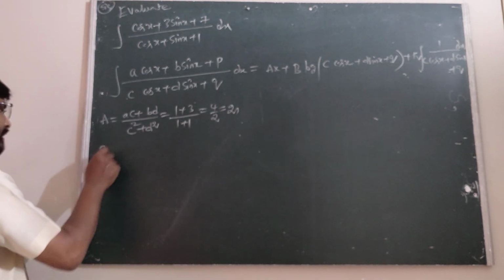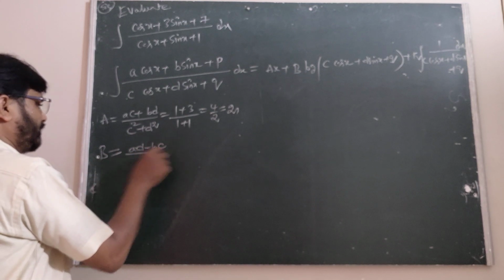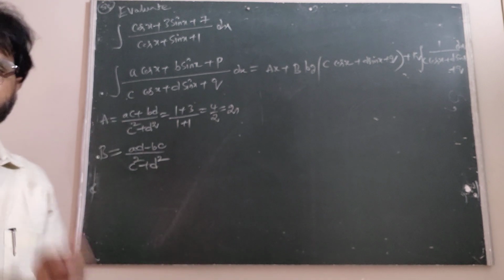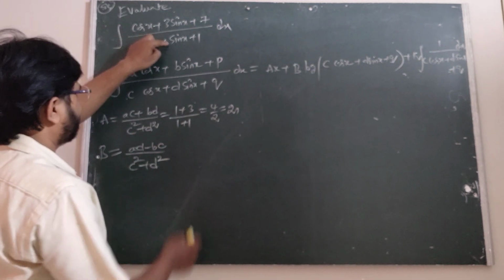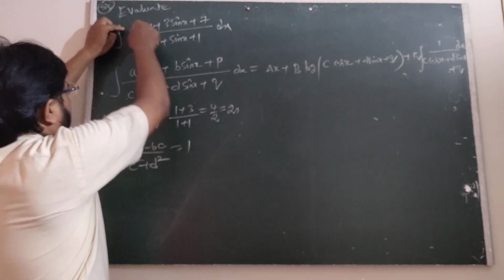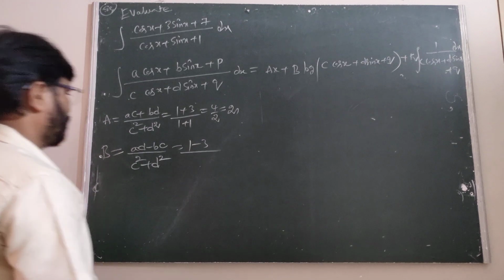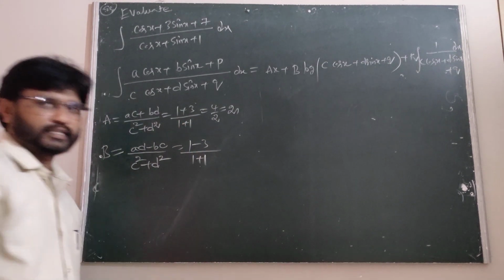Now we are going to find the value of B. B is (ad minus bc) upon (c square plus d square). ad is 1 into 1, 1, minus 3 upon c square plus d square, which is 1 plus 1.